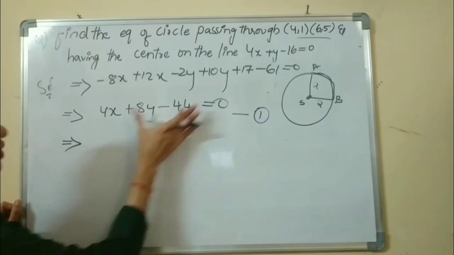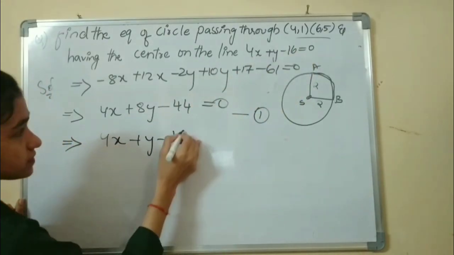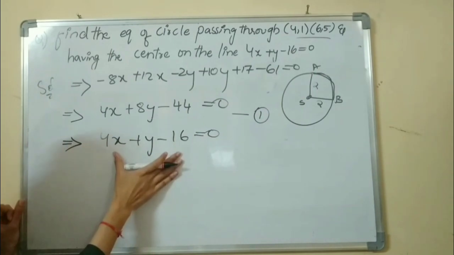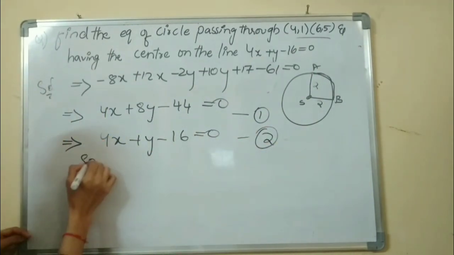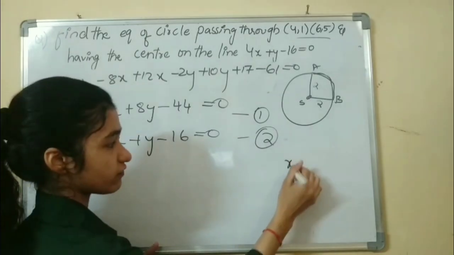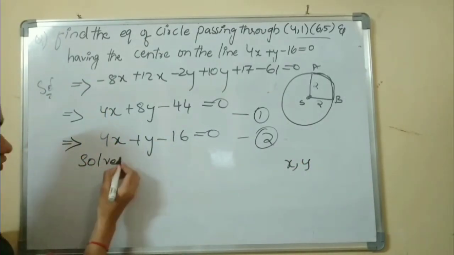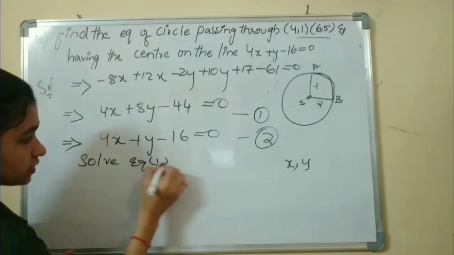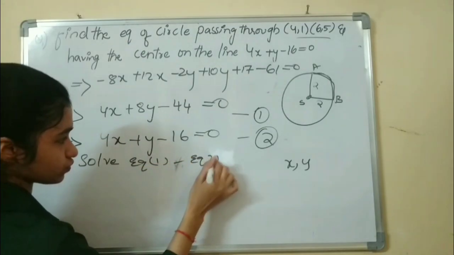So here, what is the given center? 4x plus y minus 16 equals 0. I'll take this as equation 2. Now what do we have to do? The main thing is we have to get the value of x or else y. So we will solve equation 1 and equation 2.